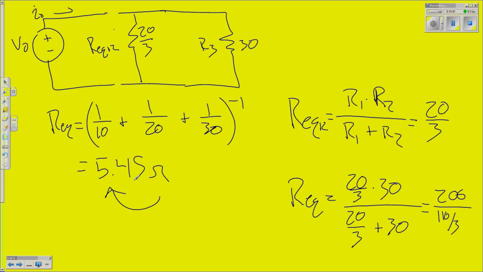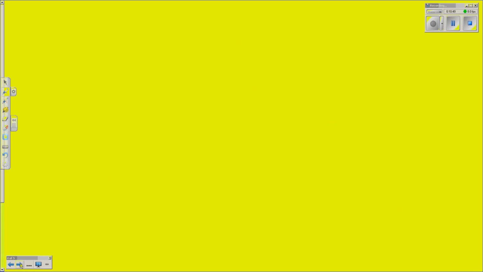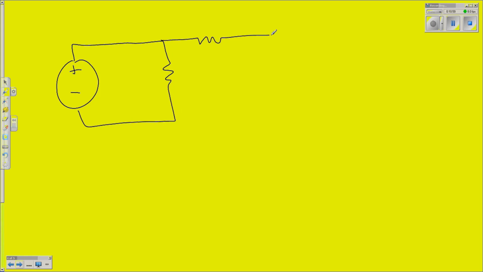Alright, so that's a simple way to combine two resistors in parallel. So let's do one more quick example here. If we have a circuit that looks like this, let's just do this one real quick.